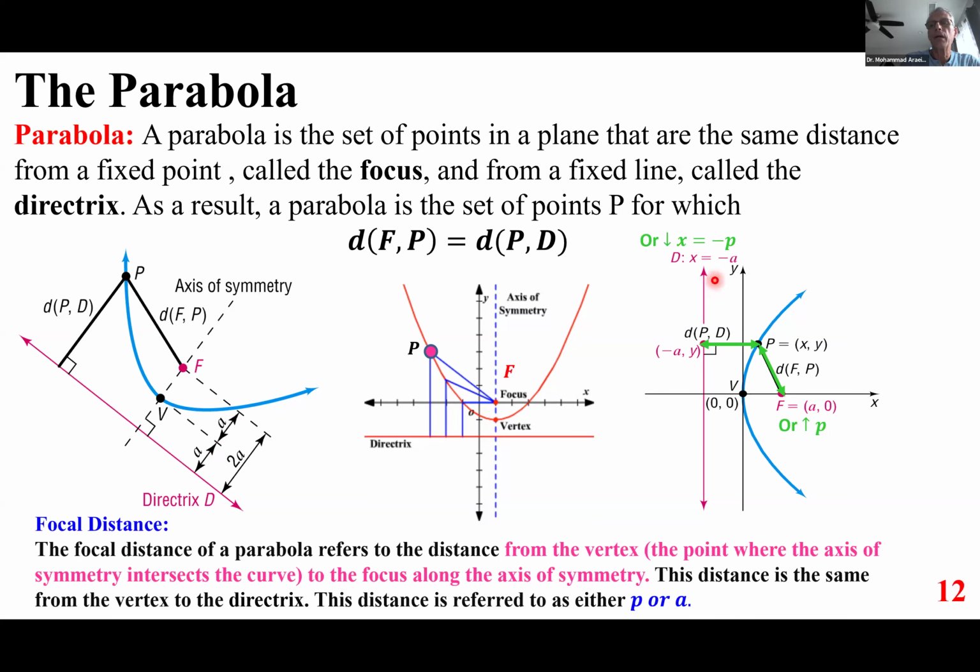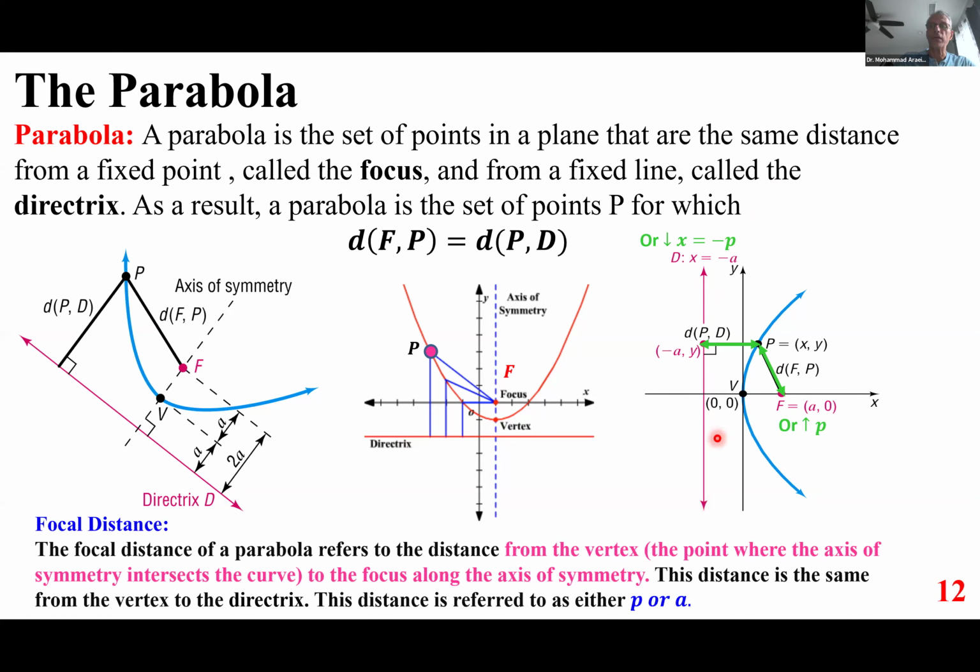So x equals minus A or x equals minus P, if the vertex is located at 0, 0 and it opens sideways. If it's at 0, 0 and opens up or down, then the directrix will have an equation of the form y equals something. In this case, it's x.